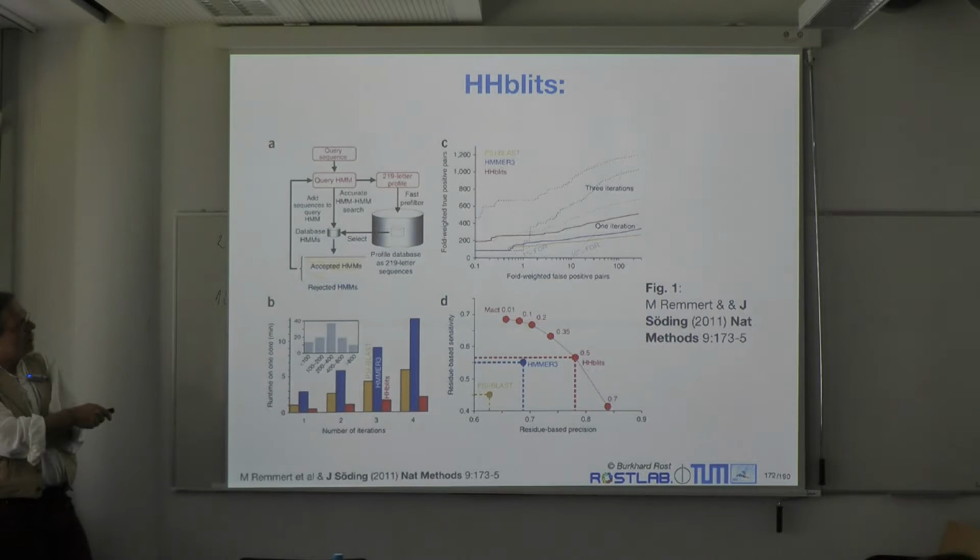But ultimately what they show here is that HH-blits is in fact at every level of iterations much better than Hammer or PsiBlast. PsiBlast is down here. Hammer is the tool that is used for PFAM, and HH-blits is up here.